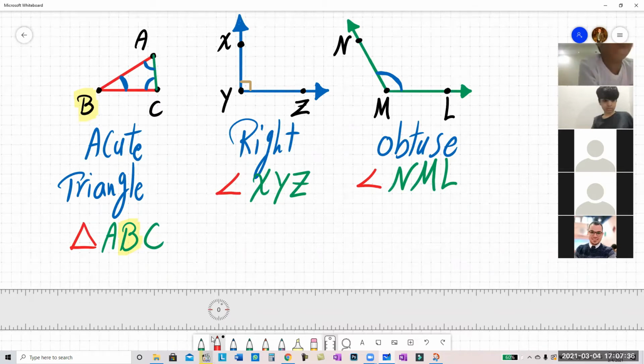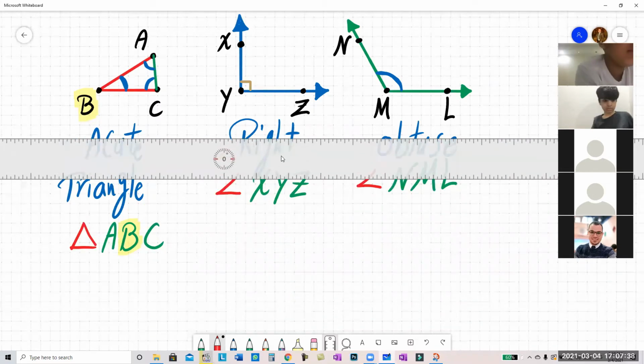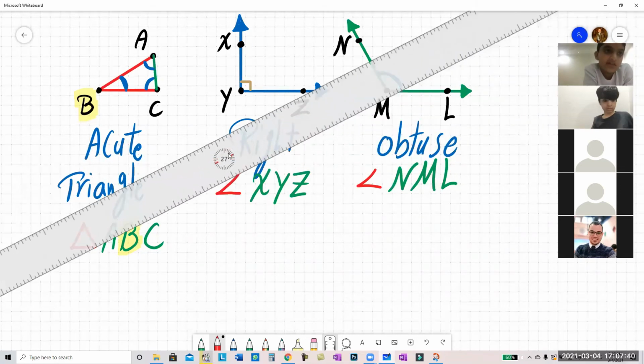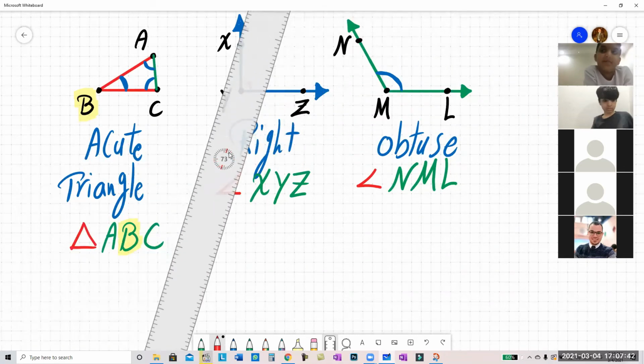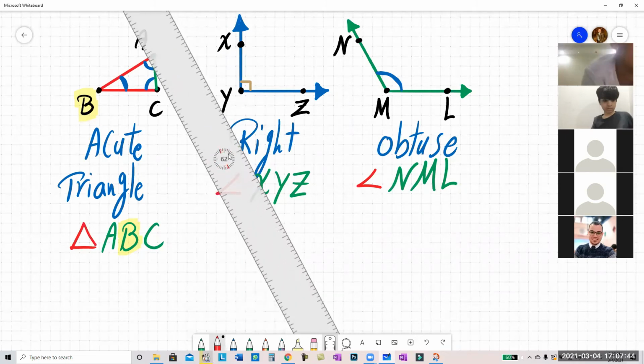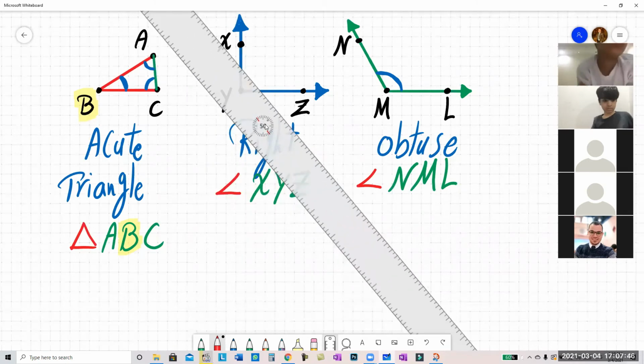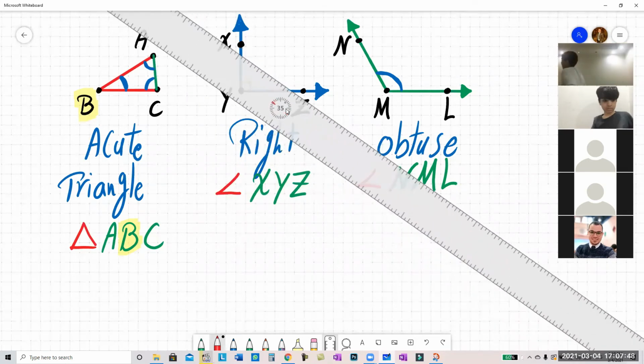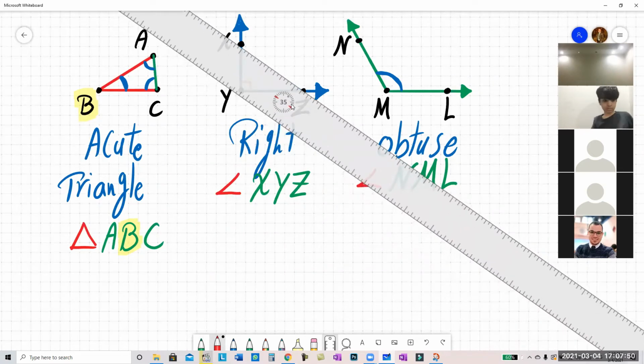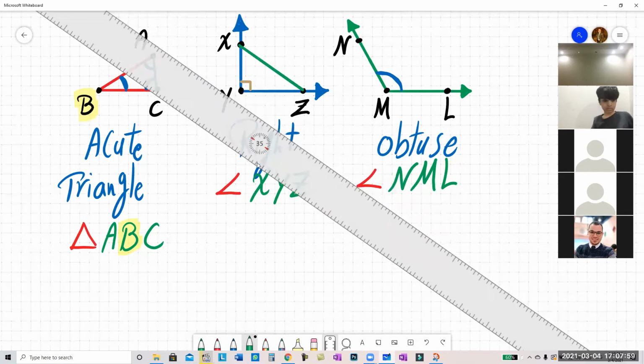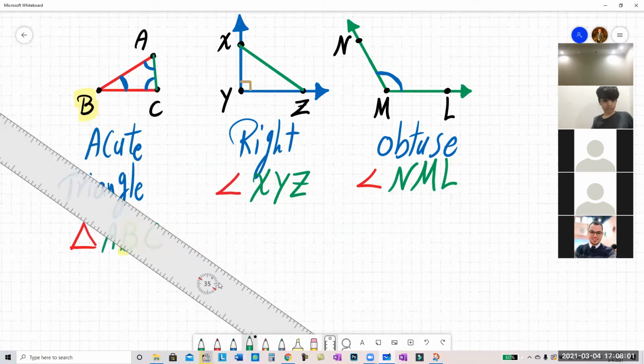So let me draw a line joining X and Y. Okay, so to get a closed shape, let's erase these arrows.